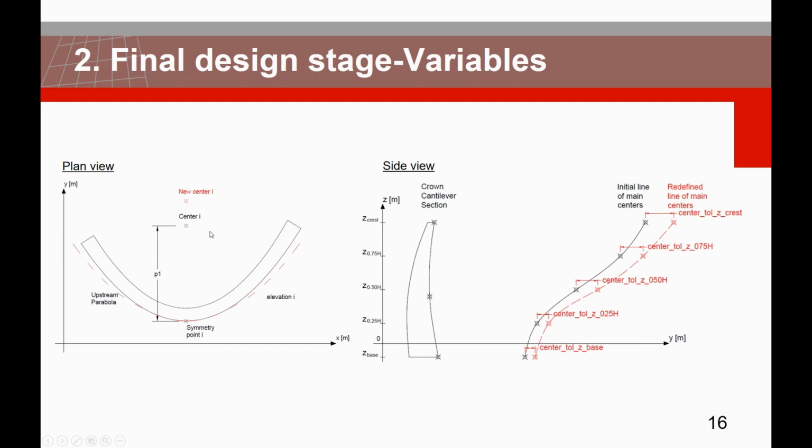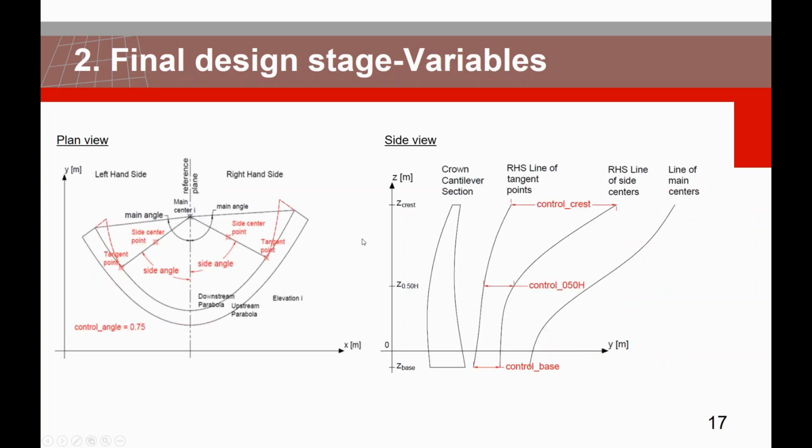And by doing this process for all of the different elevations, we can go to the side view and see that redefined line of main centers. So by having this redefined line, we can reshape the entire dam by making it steeper and wider in the critical areas.